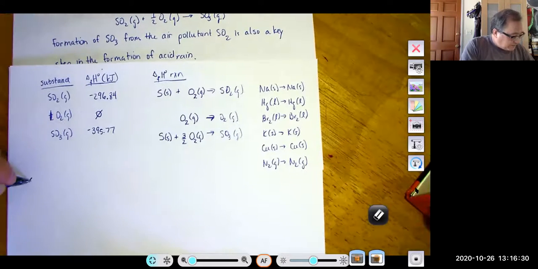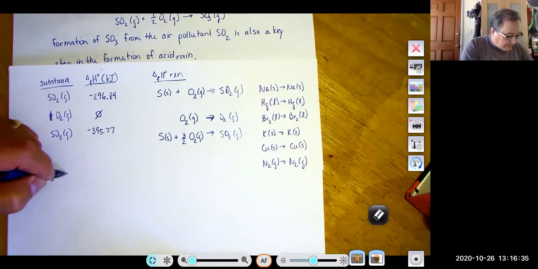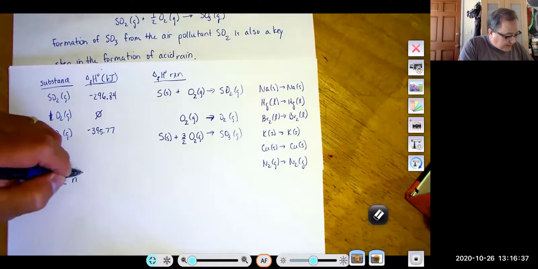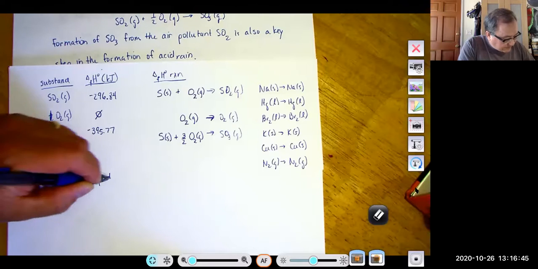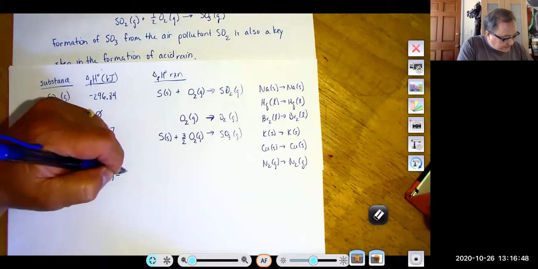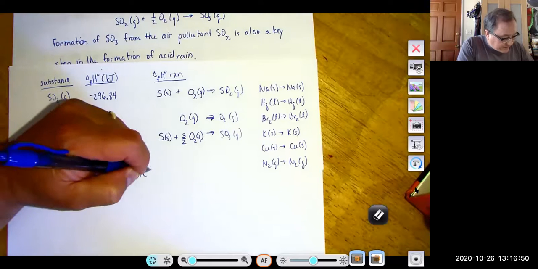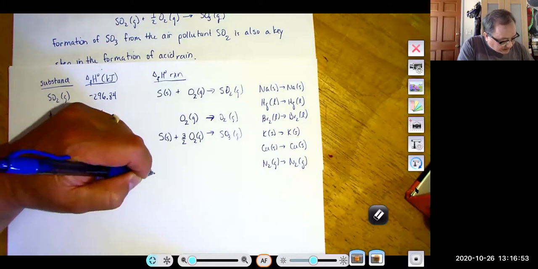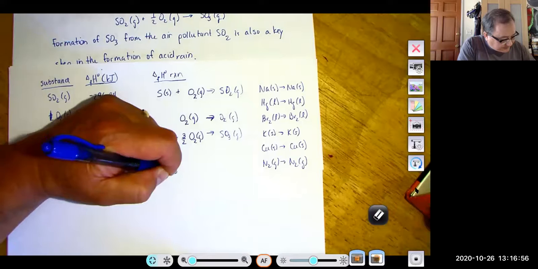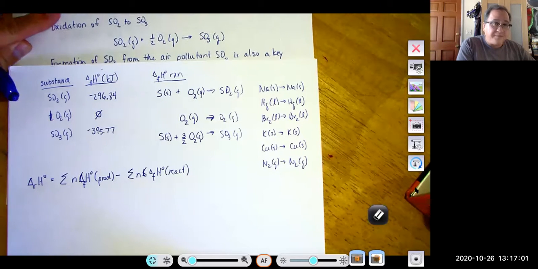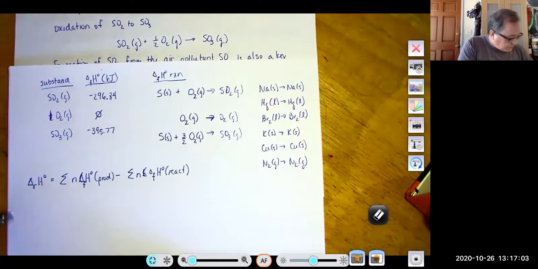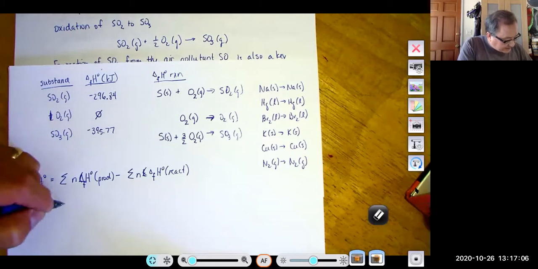We're going to write that the change in enthalpy for the reaction is equal to the sum of n times the change in enthalpy of formation for the products, minus the sum of n times the change in enthalpy of formation of the reactants. And remember, here's the balanced reaction. We can just barely see it right there.